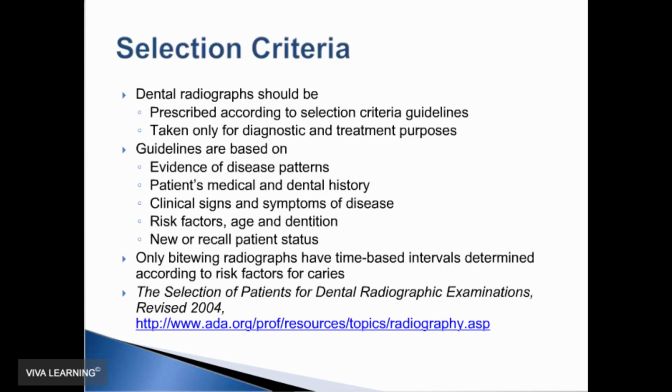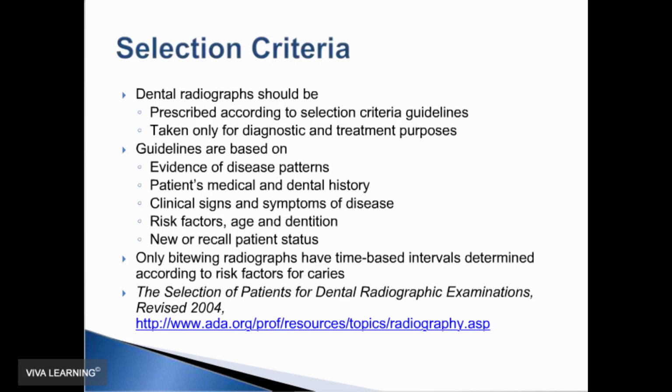Risk factors are taken into consideration, as well as the age and dentition of the patient. For instance, risk factors might include a patient that has poor oral hygiene, low fluoride exposure, maybe xerostomia, increasing their caries risk, evidence of past caries or periodontal disease, and the like.